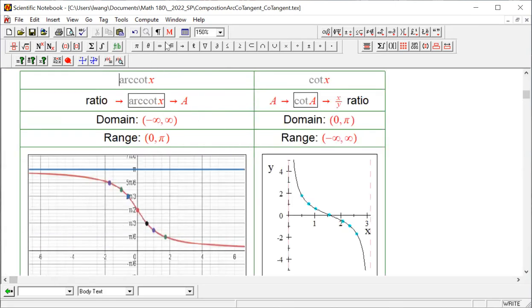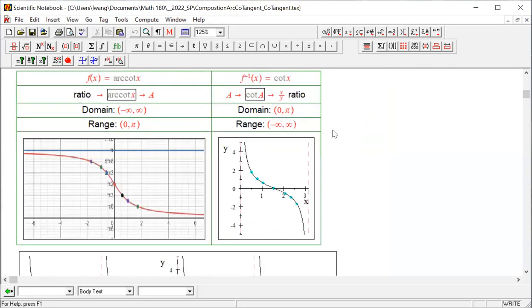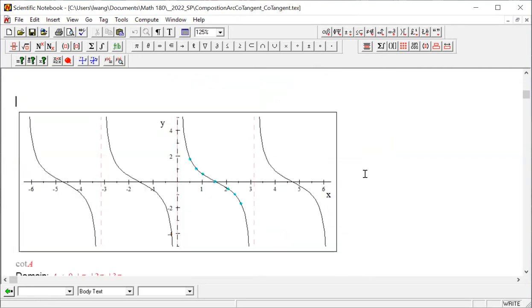So suppose we call this F, and this is F inverse. They are inverse to each other. Hold on, we don't see that little negative sign there. For some reason, okay.